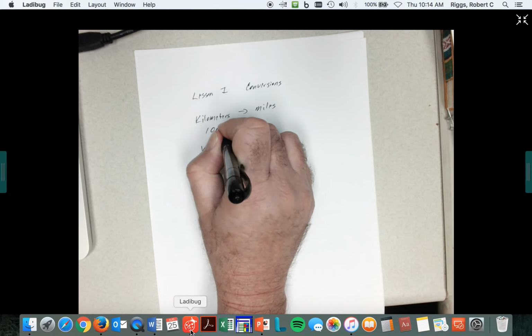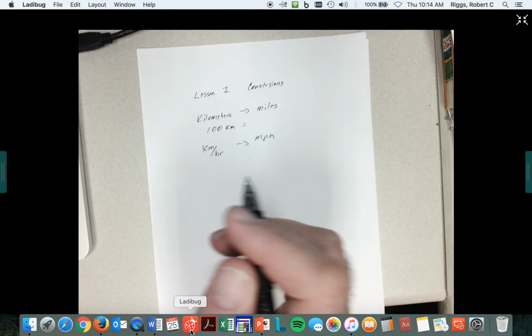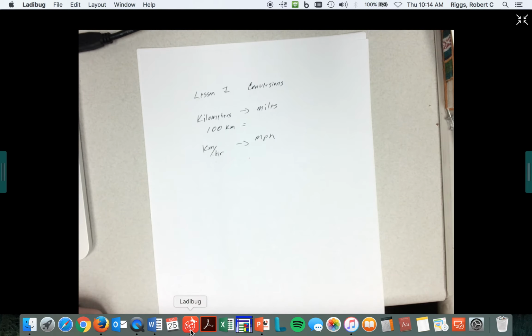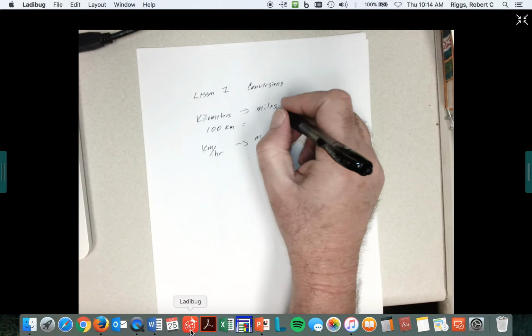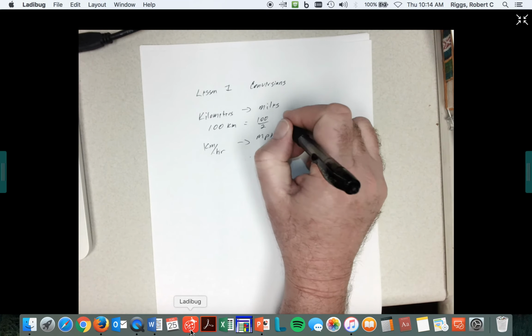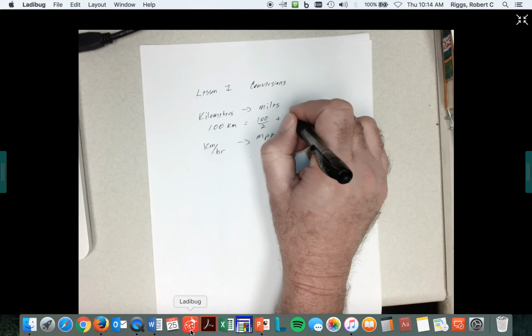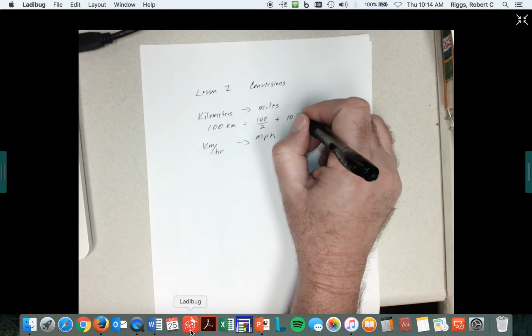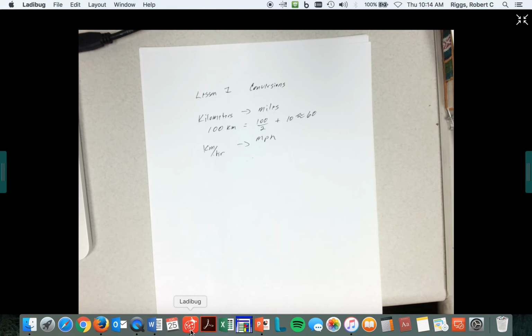If it's 100 kilometers, that'll be about 60 miles, 61 miles. So what you'd do is take 100, divide by 2, and add 10%. You wind up with 60, which gives you a real good approach when you're driving and your speedometer is in kilometers per hour, just to get an idea of how fast you go.